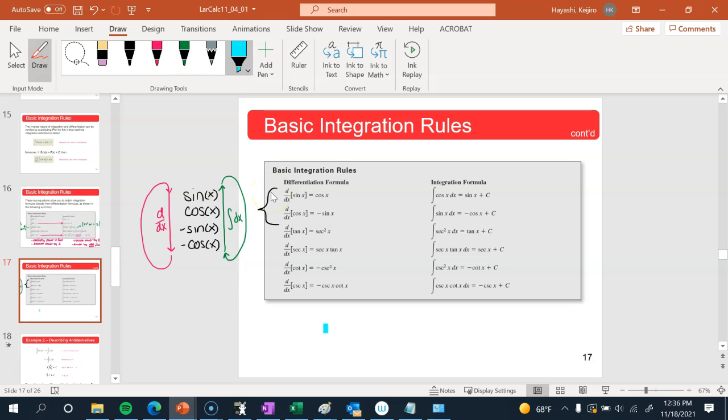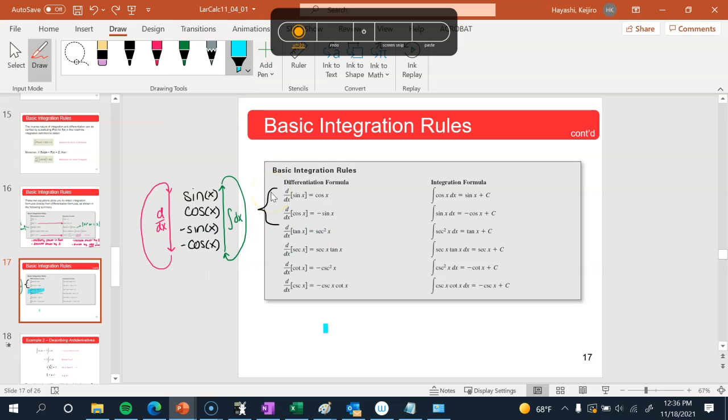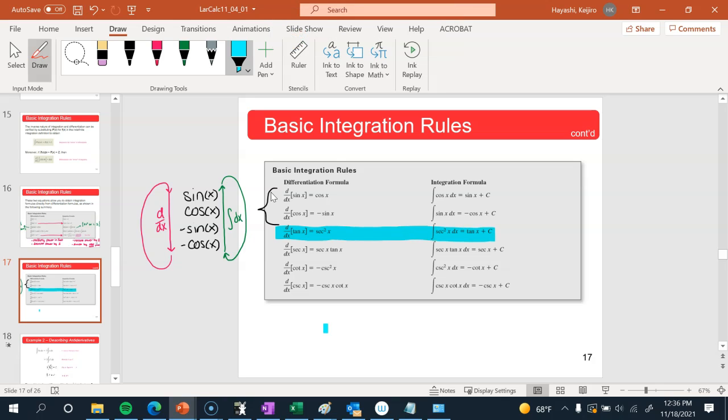Okay. All these other ones is just sort of recognizing your derivatives. If you can remember that the derivative of tangent is secant squared, all you do is sort of read that backwards and say, well, the integral of secant squared should be tangent.